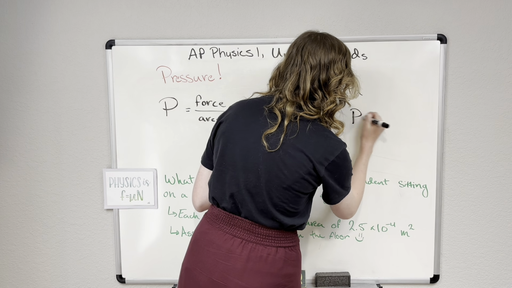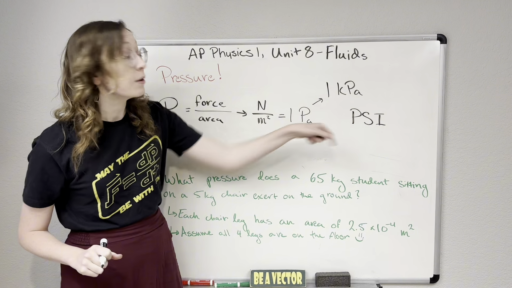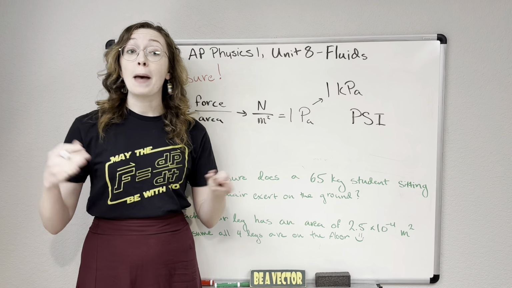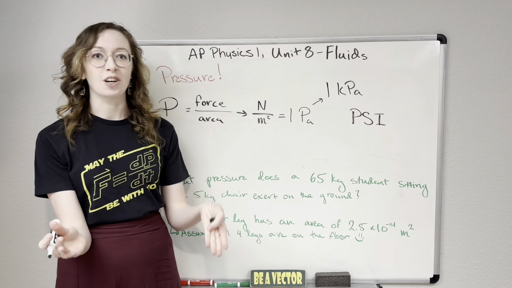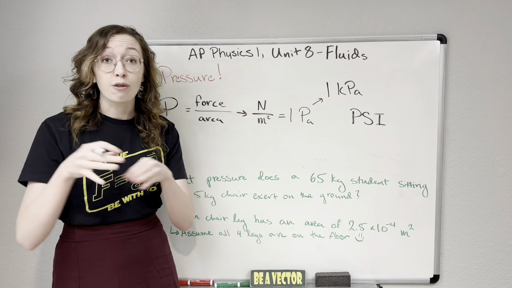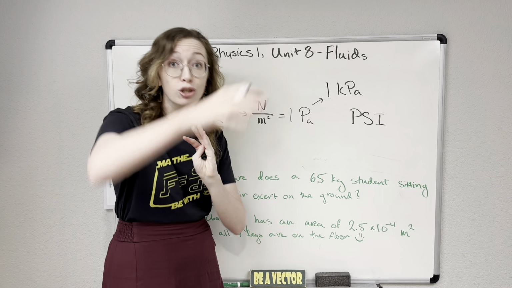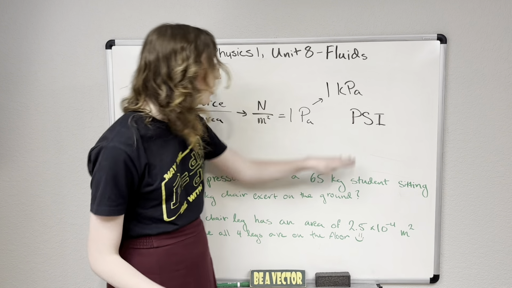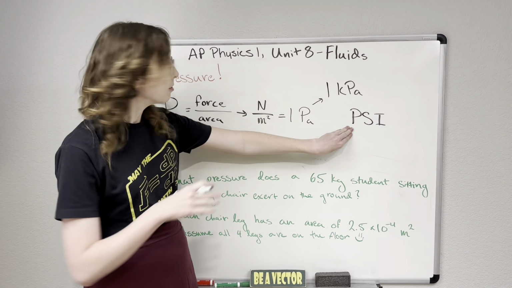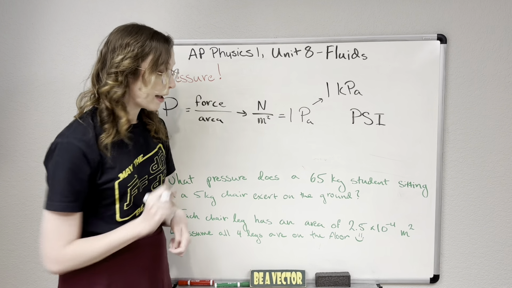A unit that you might see a lot in your day-to-day, especially in the States, is PSI, which stands for pounds per square inch. So if you're driving your car and checking your tire pressure, that's the force of the air inside your tire exerting over the surface area of your tire wall. So pounds, how much force per square inch over that much area.